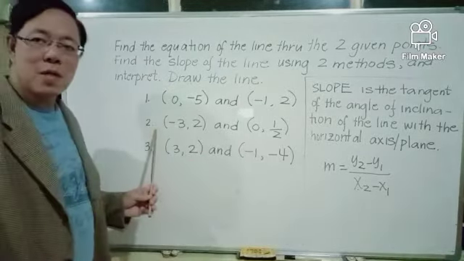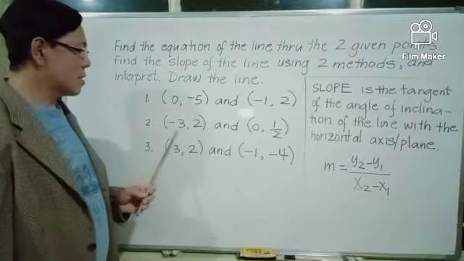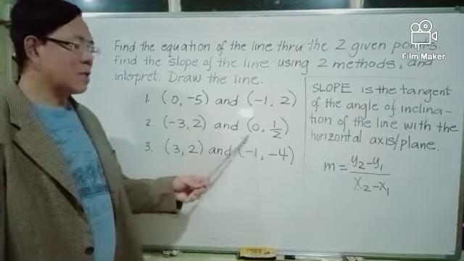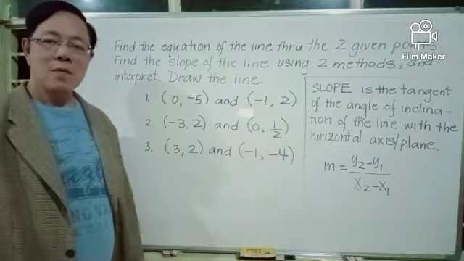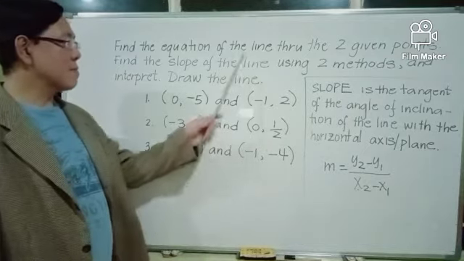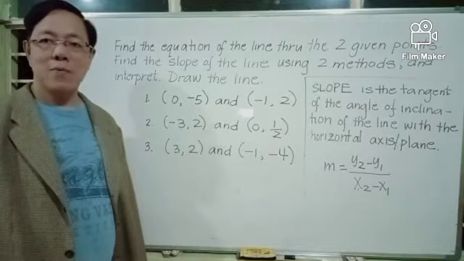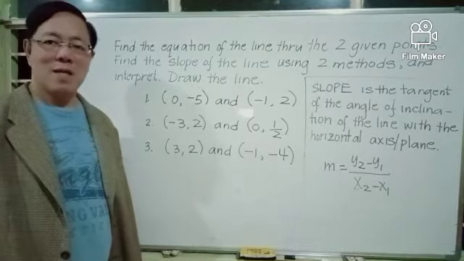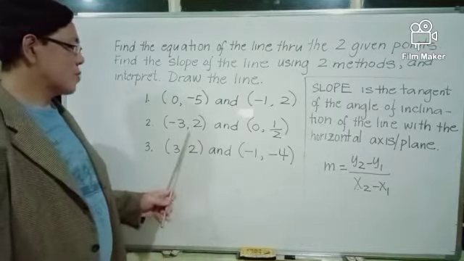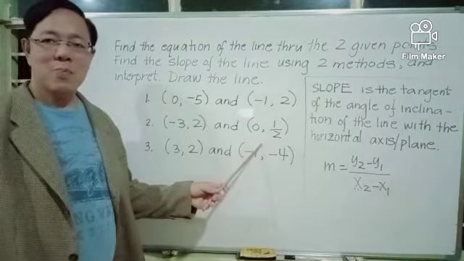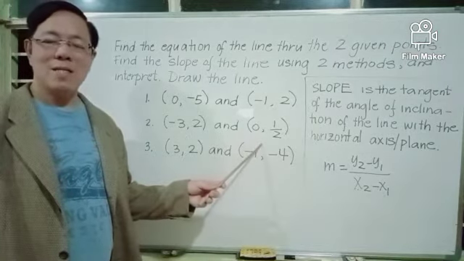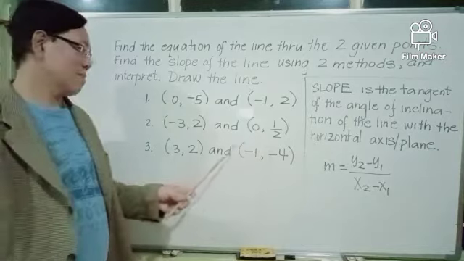In number 2, the 2 points are (-3, 2) and (0, 1/2). Again, you find the equation of the line through these 2 points using the 2-point form of equation of a line. You can take this point or this point as your point P1 with coordinates x1 and y1.